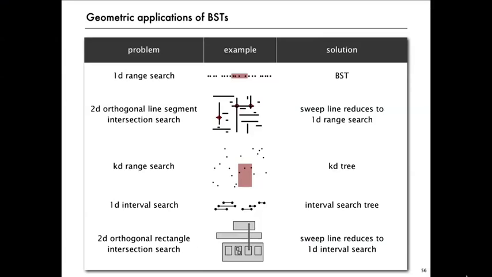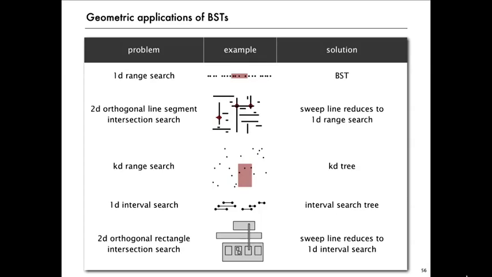So here's our summary of applications of binary search trees for geometric problems. We started with one-dimensional range search and just used a regular binary search tree to compute ranks to get the answer. But that, as the basis, we were able to solve the two-dimensional line segment intersection search using the sweep line algorithm. Then we looked at range search and other operations using KD trees. Again, a modification of binary search trees.